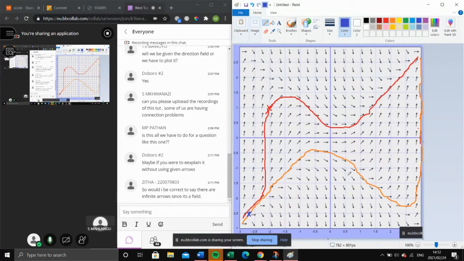We have these arrows which give us an idea of what we need to be doing. So the whole idea is that the direction field is the graph with the arrows itself. So we can't really explain it without the arrows. In that case, we don't have a direction field. You could, yeah.